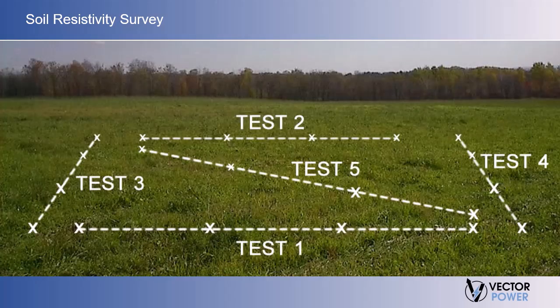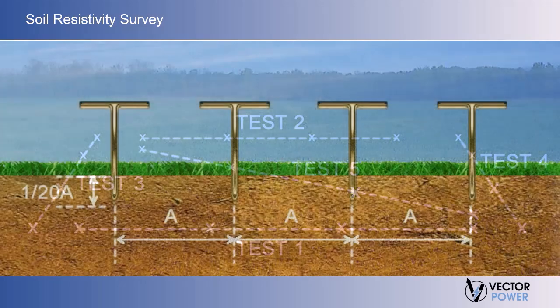To get a good indication of soil resistivity in the test area, we will take 5 measurements and average them for our final answer. 4 of the measurements will be taken in a square pattern, and the final measurement will be on the inside diagonal of the square.